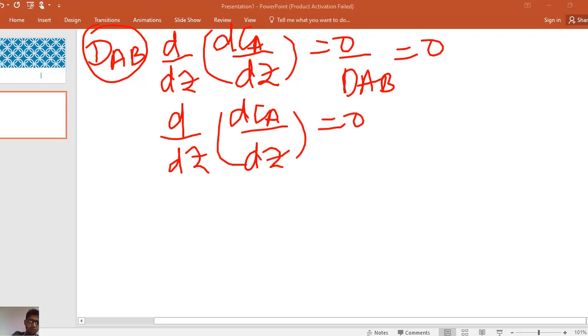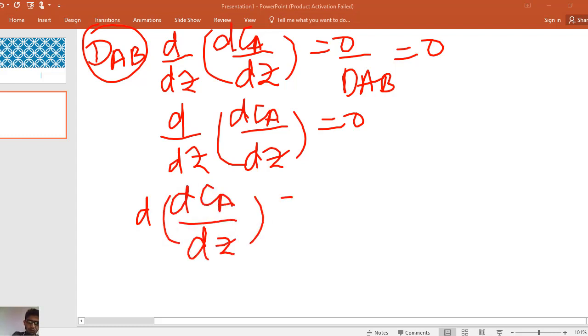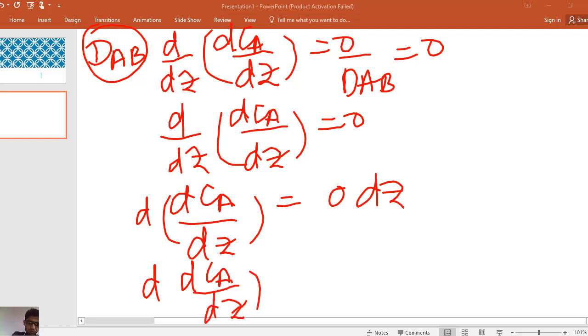Now further simplify: d(dCA by dz) is equal to 0 into dz. So d into dCA by dz is 0. Now suppose this is equation number 4. Now integrate both sides of equation 4.